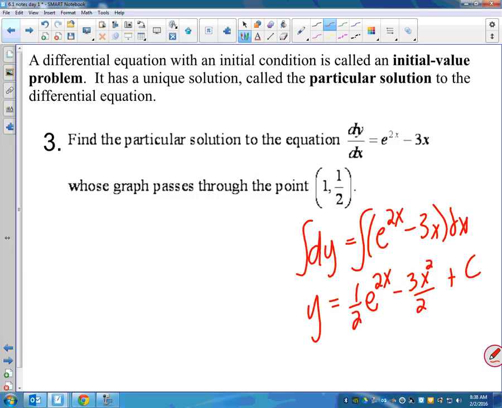And then this is really what we did last semester when we first talked about antiderivatives. We just didn't talk about this integral time. If I give you a point now, just like we talked about yesterday, we can plug in x and y, you can solve for c, and you can find the specific solution to that equation. So y is 1/2 e squared minus 3/2, plus c.